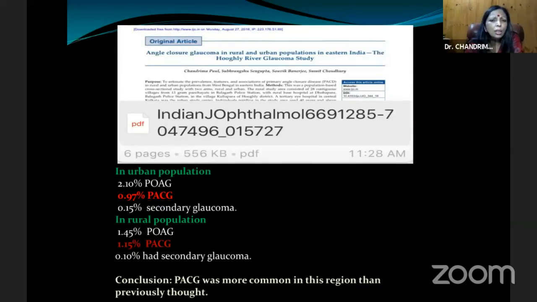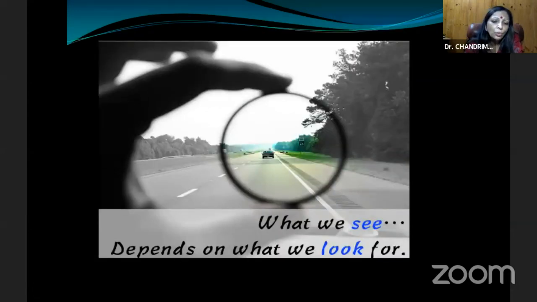So this is a study which was published some time back, and this is just to emphasize how important it is to do gonioscopy and remember pilocarpine, because apart from the other studies, we did see that in Eastern India, the percentage of angle closure glaucoma was much higher than previously reported. It was almost 1:1 between primary angle closure and open angle glaucoma. And actually what we see depends a lot on what we look for.